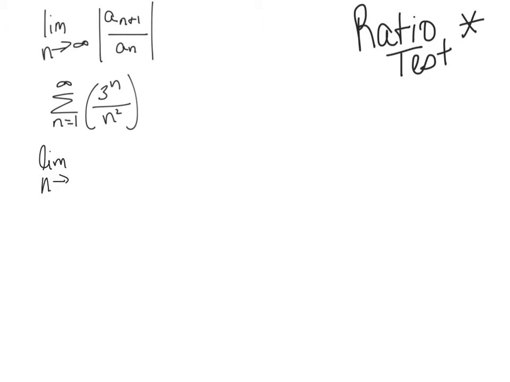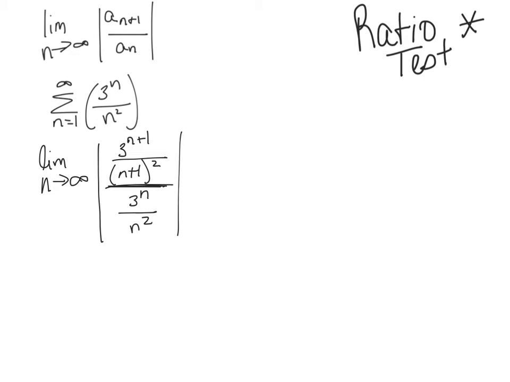Limit as n goes to infinity of, and it is absolute value, the top will be 3 to the n plus 1. The bottom will be n plus 1 quantity squared, over, and now we put the original 3 to the n over n squared. So when I go to simplify this complex fraction, I still have not taken the limit yet.